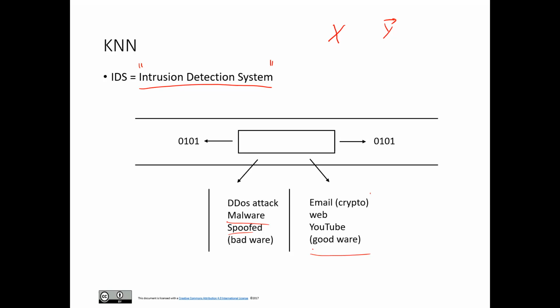And on another day, you were able to capture some network attacks like denial of service, malware, spoofing. Those have been labeled as badware. So we can use labels like -1 and +1, or we could do 0 and 1, etc. We can use different labels.